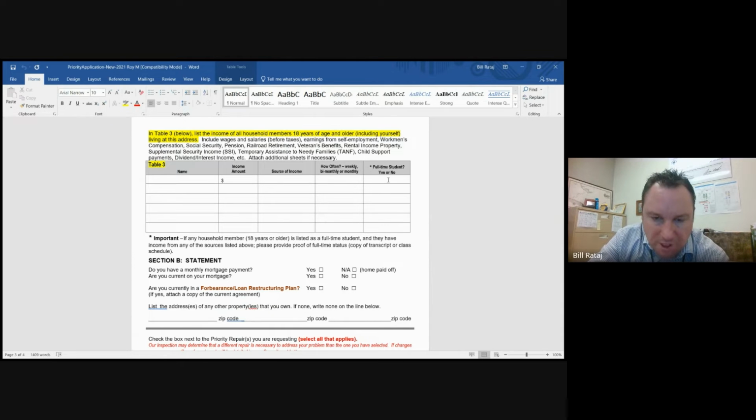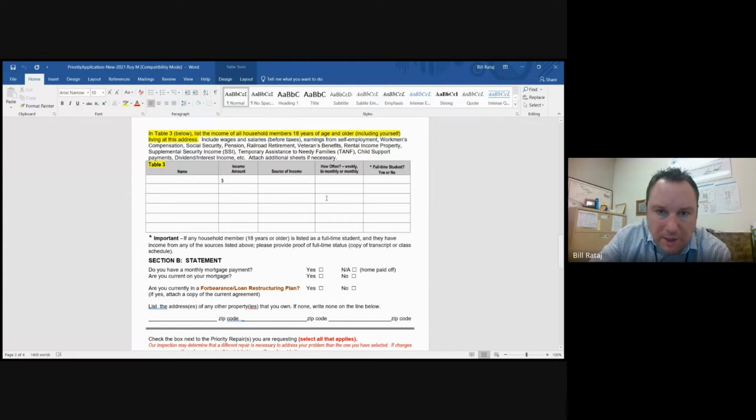If somebody is a full-time student, so let's say they are going to college at Harris-Stowe or UMSL or St. Louis University or wherever, we would need to see a copy of their transcript to verify that they are a full-time student, and whatever income they have, like I said, most of it will not count, but we do need to know what their income is and if they're a full-time student. For purposes of college, a full-time student is somebody that's taking 12 credit hours or more in a semester.